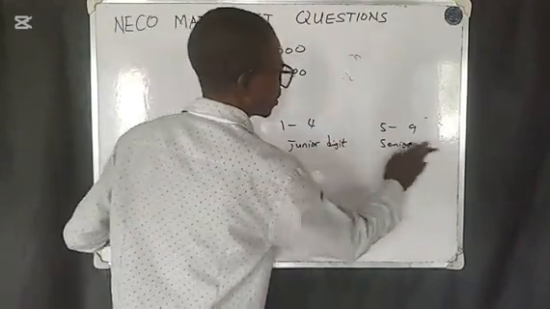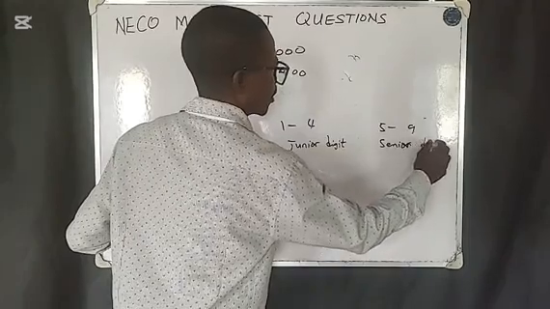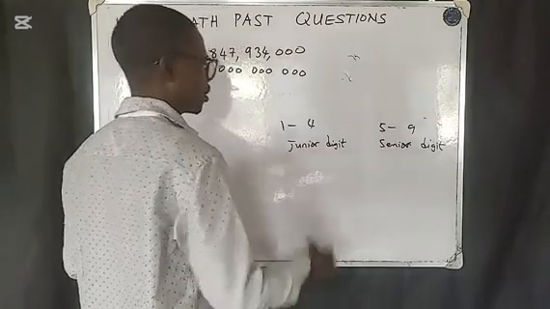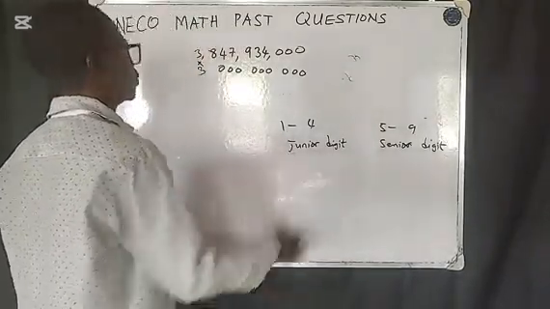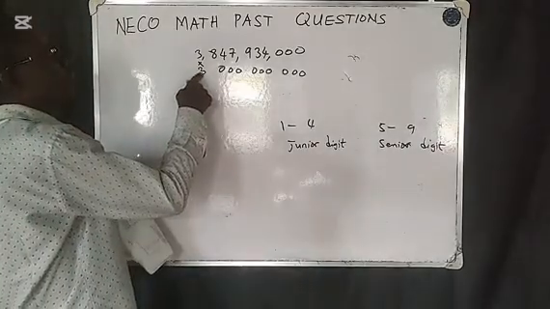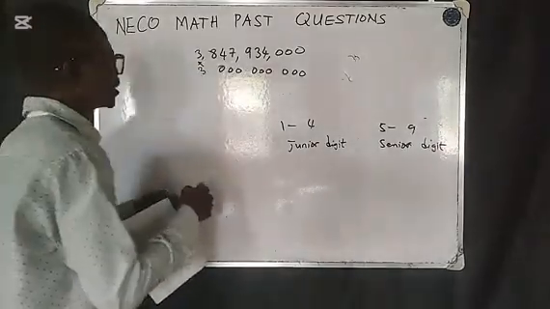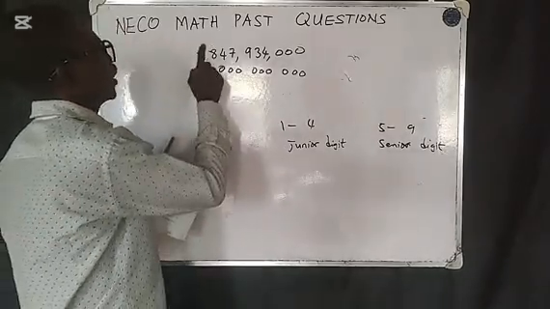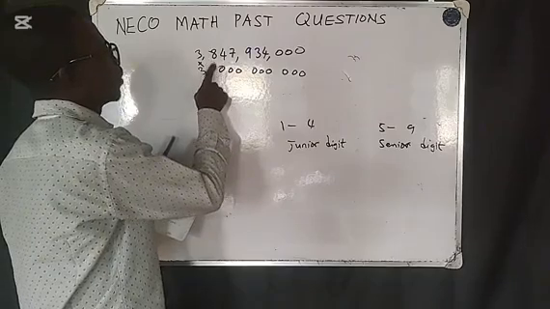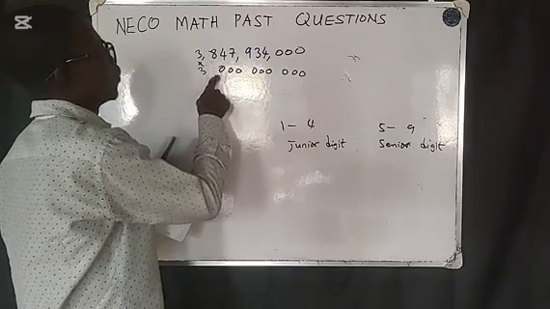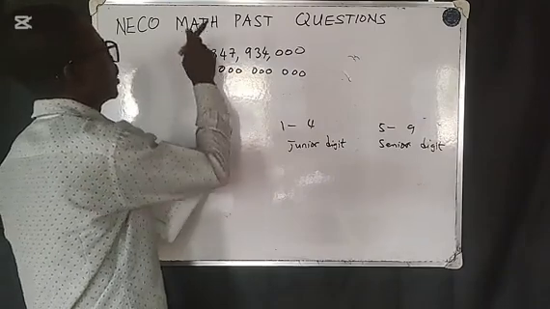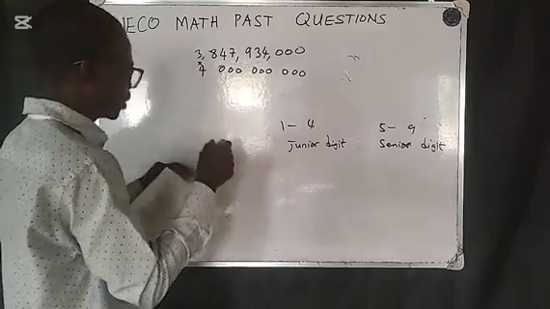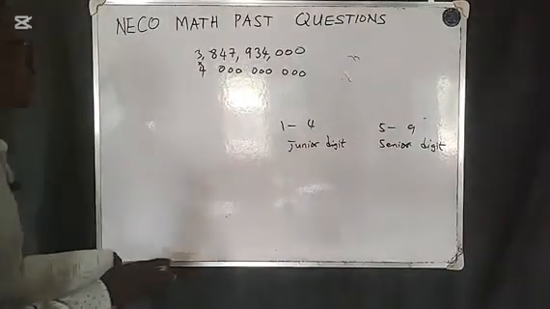From digits 5 to 9, we call it senior; from 1 to 4, we call it junior. So the digit next to the billion place is a senior digit. Therefore we turn this one to 0, then we add 1 to this place. This will give us the nearest billion.